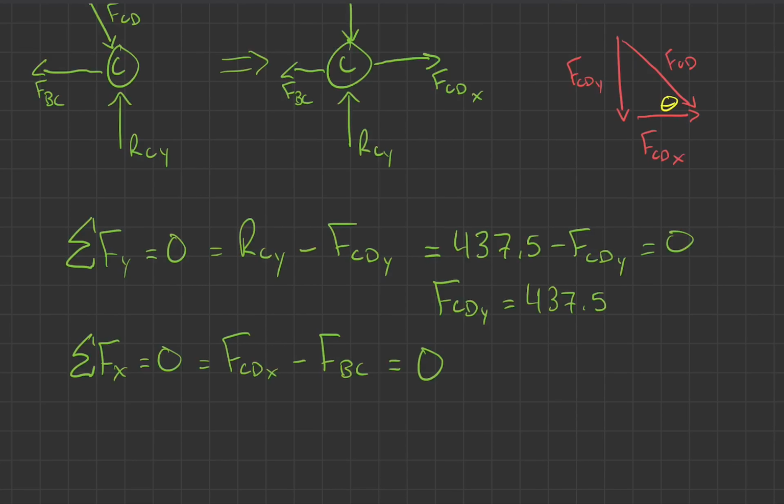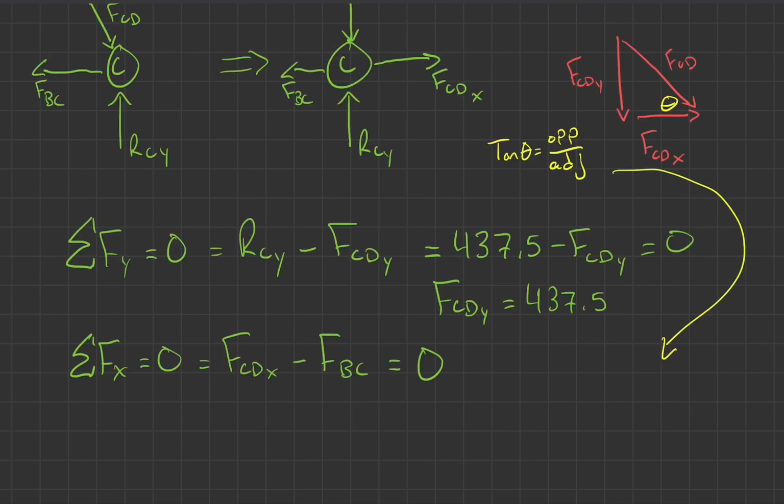We know that tangent of theta is equal to our opposite over adjacent. So that is going to be equal to, let's draw that down here. Opposite over adjacent, our opposite is CDY.